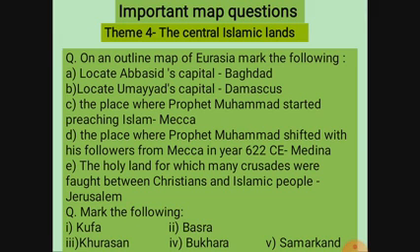Right? And another prominent question is the Holy Land for which many crusades were fought between Christians and the Islamic people. So the place was Jerusalem. So let's find out where is Baghdad, Damascus, Mecca, Medina and Jerusalem first.